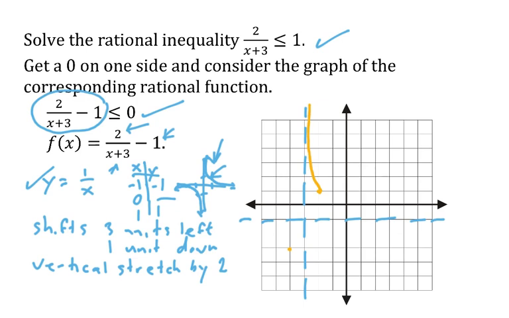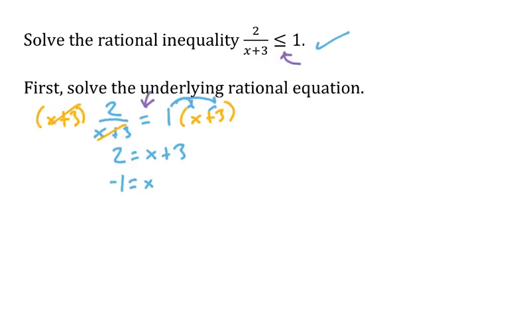It will go like this, approaching this vertical asymptote and coming down, crossing the x-axis somewhere. Where is it going to cross the x-axis? Well, that will cross the x-axis when y is equal to 0, and you know what that is? That is the solution of the underlying rational equation. So this negative 1 is going to turn out to be the x-intercept of the graph.